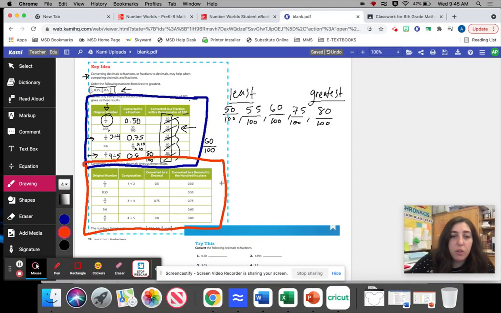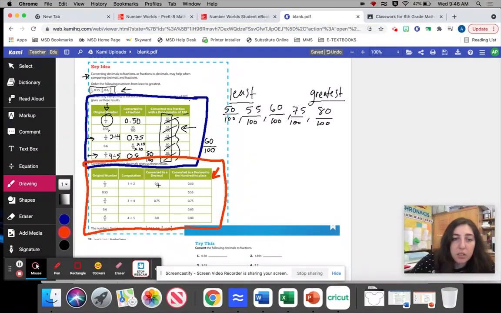So in this table, they're showing you that you can convert everything to decimals and you'll get the same results. So 1 divided by 2, you're going to get 0.5. And just make sure what they're doing in this column is making sure that they all end in the hundredths place.